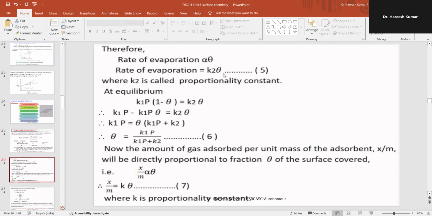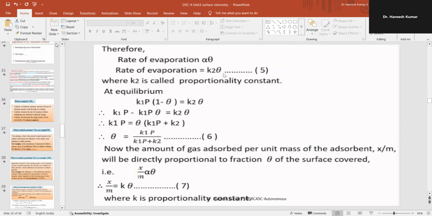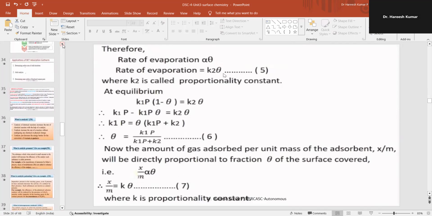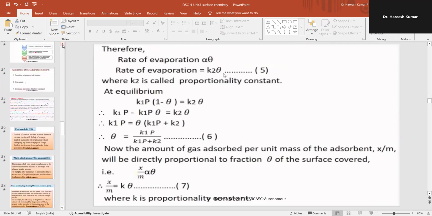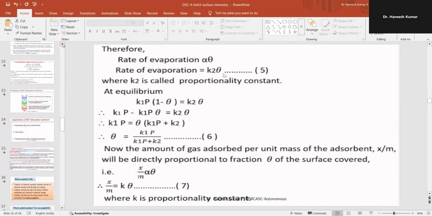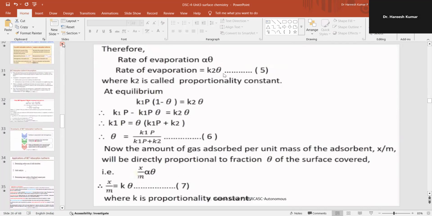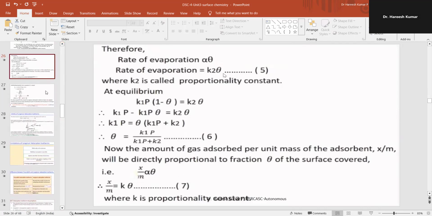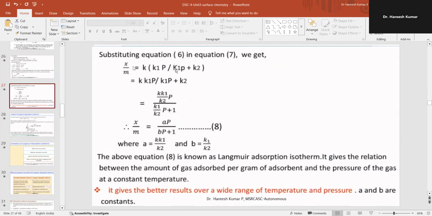Let's go to the next slide. Substituting equation 6 in equation 7, we get x upon m is equal to k into K1P upon (K1P plus K2).